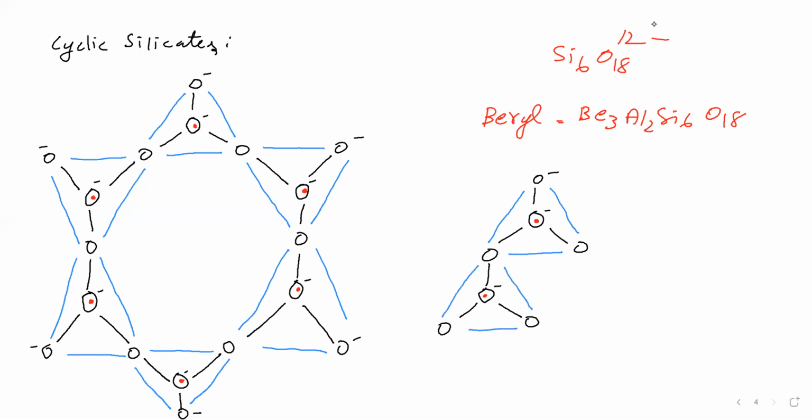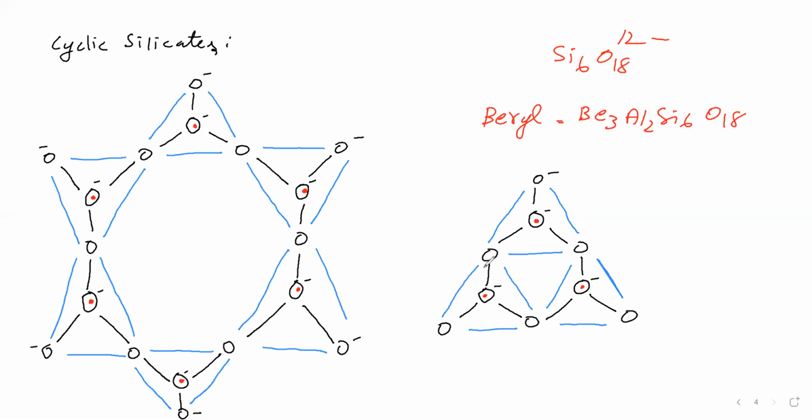Next we will say here one Si. This is O minus. It is bonding with this O, this O, this O. This will represent one SiO4 unit. Okay. Now this is also a cyclic silicate.